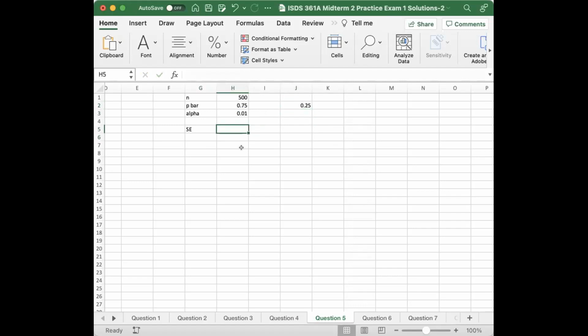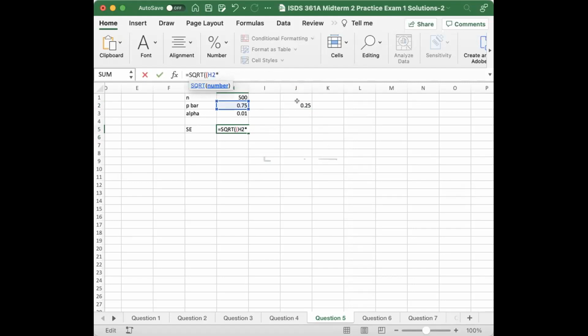If you guys remember, you do equals square root of p-bar times 1 minus p-bar. Because we already calculated this to the side, we don't have to do the parentheses for 1 minus, which can get kind of tricky, especially when you have a lot of parentheses.